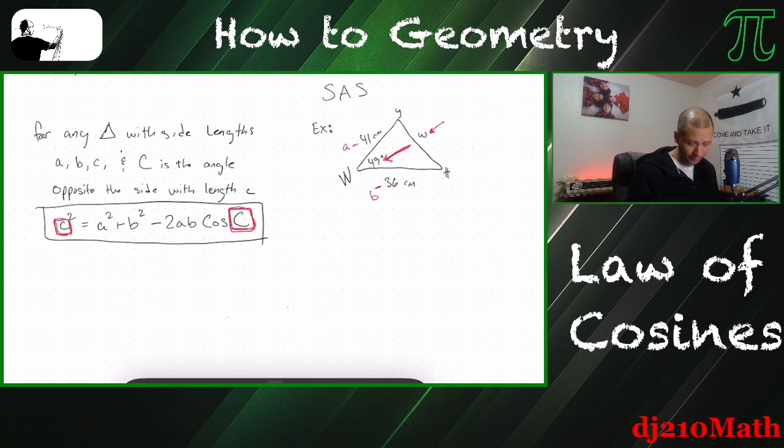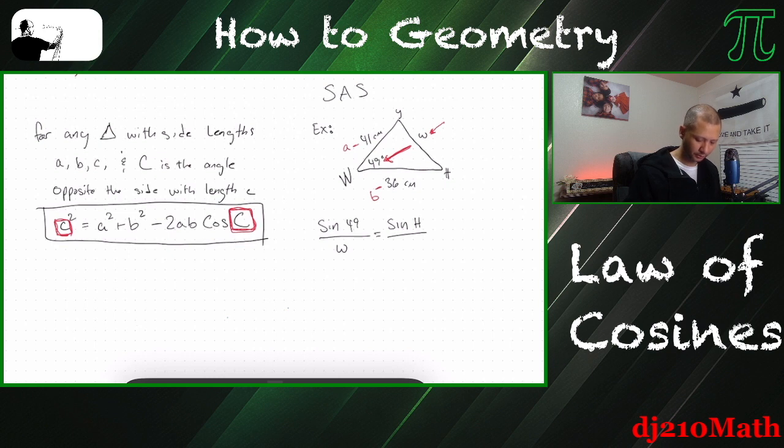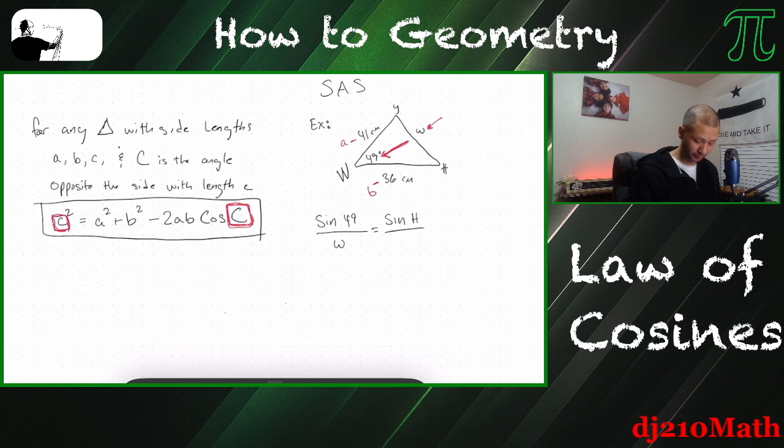Well, if you tried law of sines, you take sine of the angle over the side across from it, set it equal to sine of, in this case, we can call it h, over the side across from it, which is 41, which is equal to sine of y over 36.